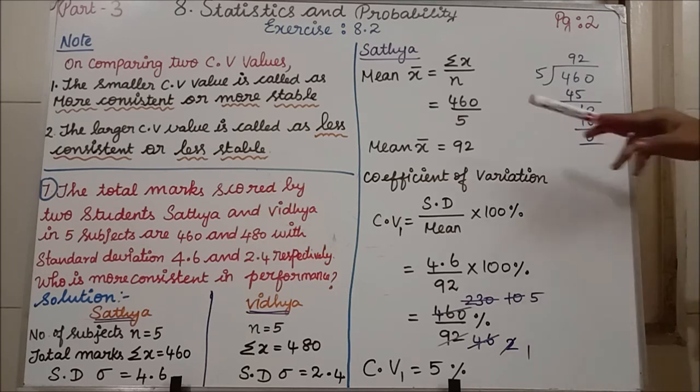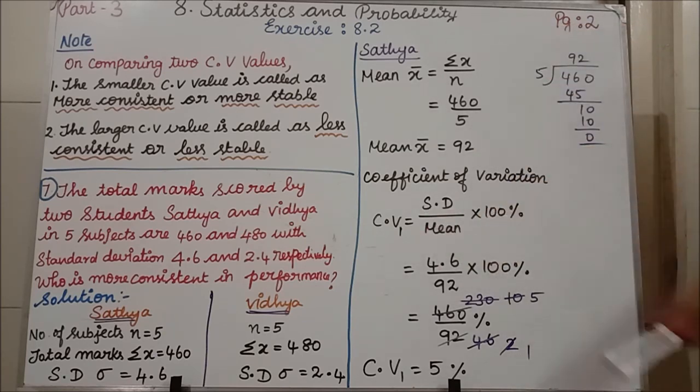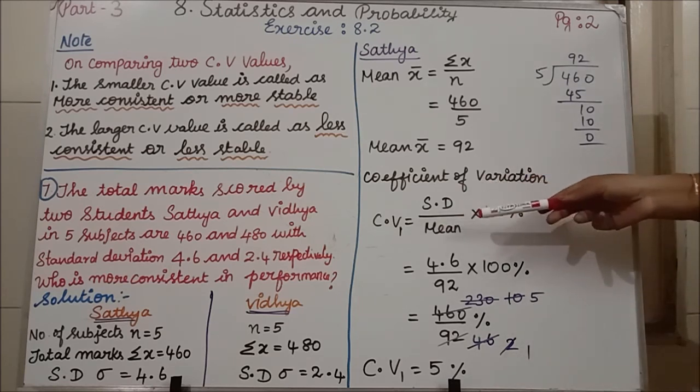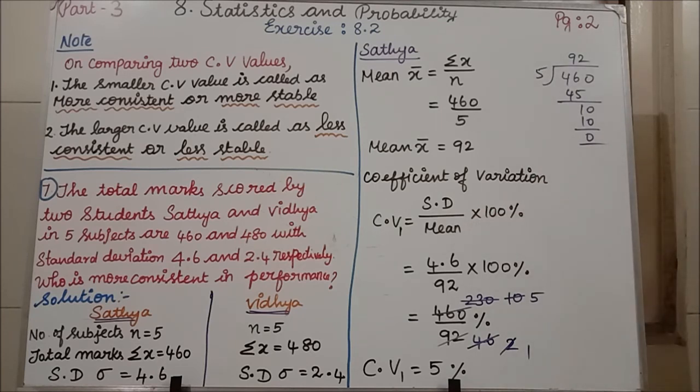Okay, now we have the mean as well as the standard deviation. We just have to substitute in the coefficient of variation formula. So here we are going to find two CVs. I am calculating Satya for CV1. Similarly, we can do Vidya for CV2, but the same formula only: standard deviation divided by mean into 100%.